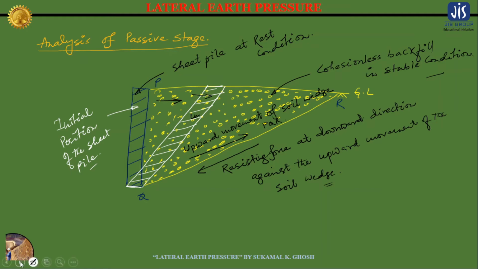Okay, now you may observe that the movement of the wall, in this direction, and the resisting force, which is acting in downward direction, both are actually occurring towards each other, right? And therefore the earth pressure on the wall due to the soil wedge will start to increase. Okay, so let me write it here.